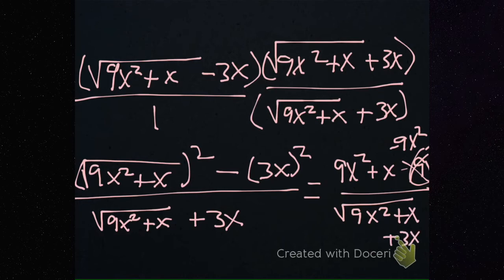This will get better, but what do I want to do? I want to kill these terms. Now follow me onto the next page. What did I have left over in the numerator? x alone.